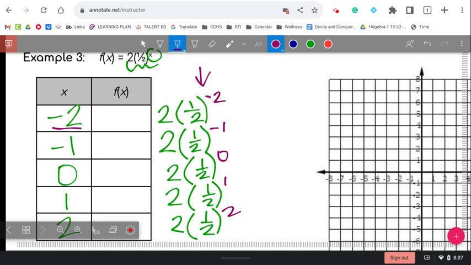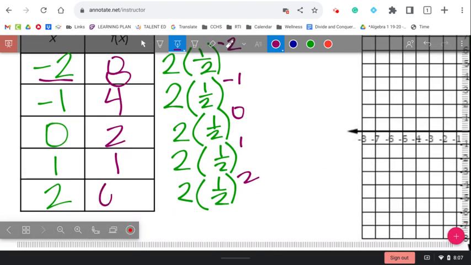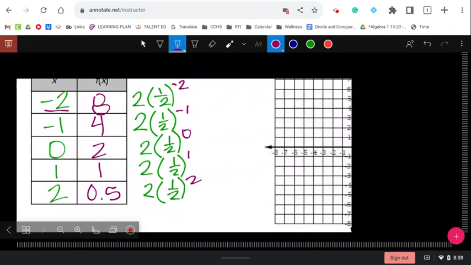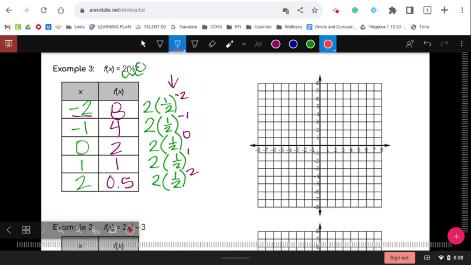So this one would be, we're going to get 8, 4, 2, 1, and 0.5. Then we're going to plot these on the graph.